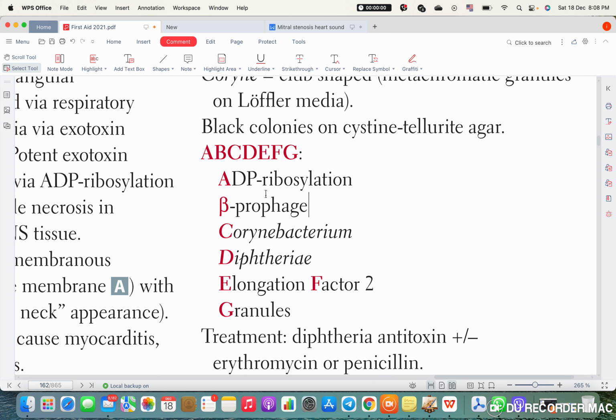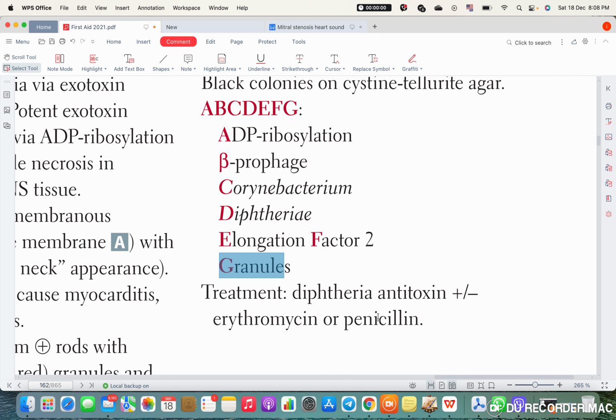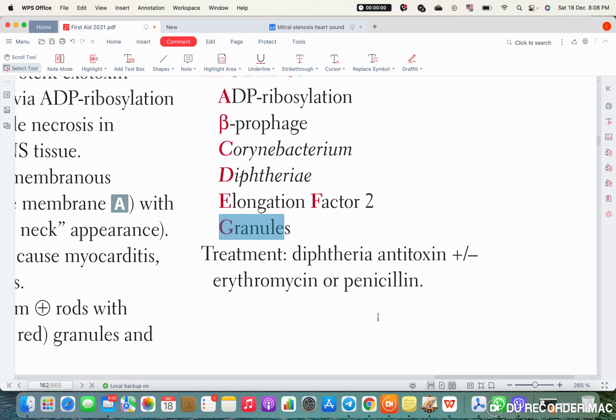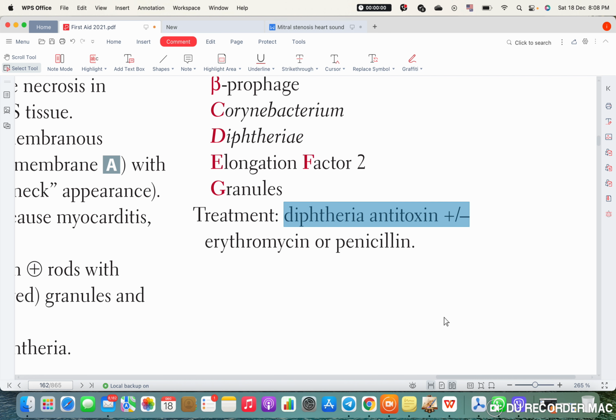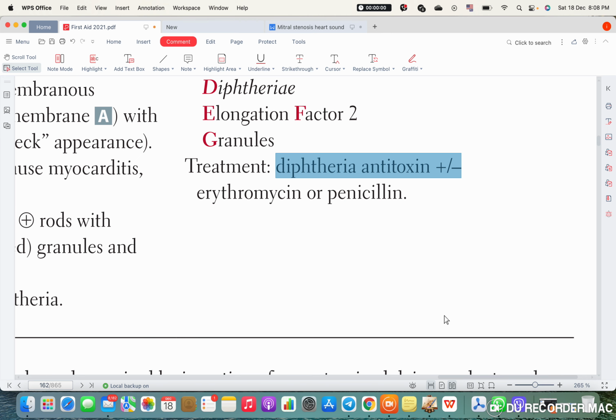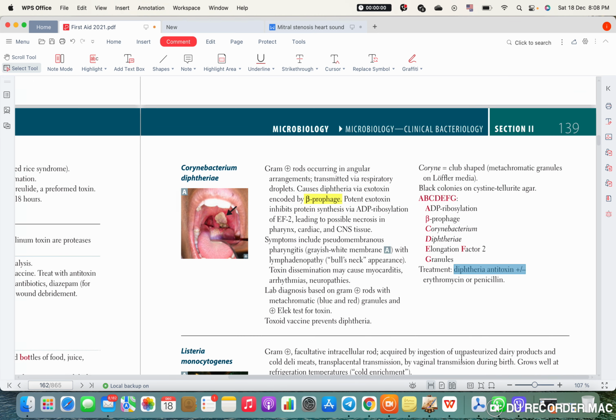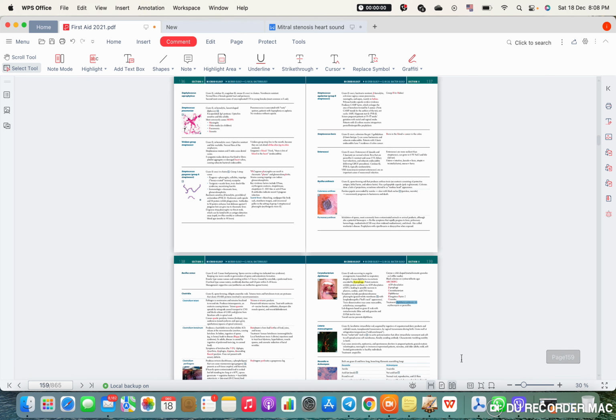Specialized transduction. Good. Corynebacterium diphtheriae, elongation factor 2, and the granules that give the shape of rackets. And the treatment is with diphtheria antitoxin. Also, you can give erythromycin or even penicillins, okay? So all of these are in Sketchy.